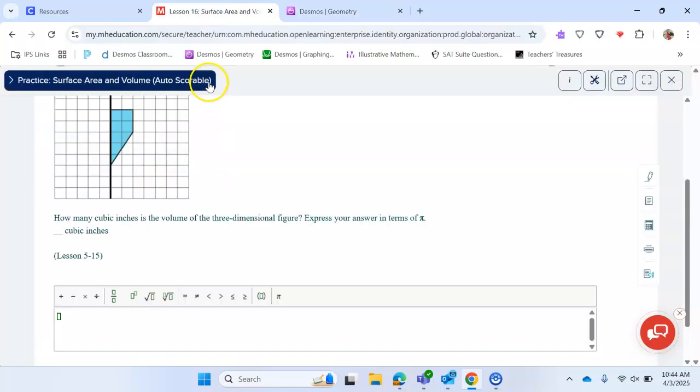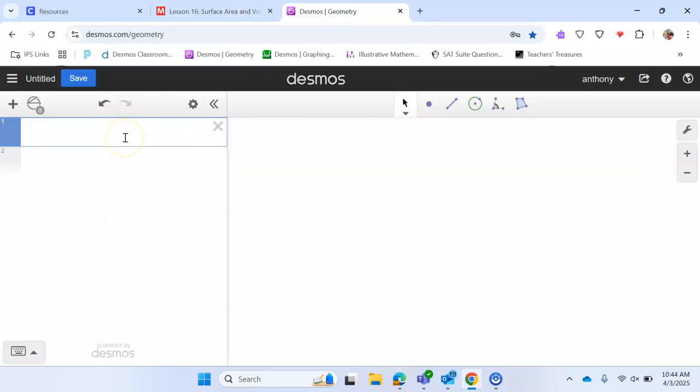So the volume of the cylinder is the area of the base, which is pi r squared, times the height. For this case, the radius was 2 and the height was 2. Plus the cone, whose volume is 1/3 the area of the base, which is a circle, times its height.